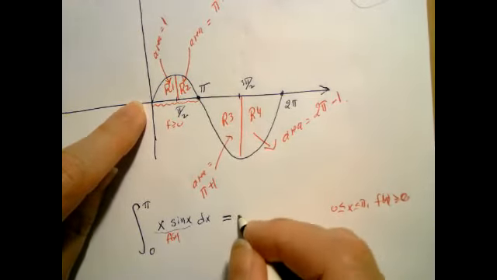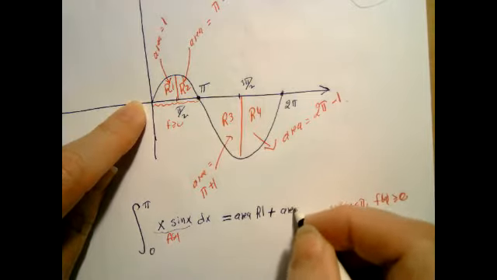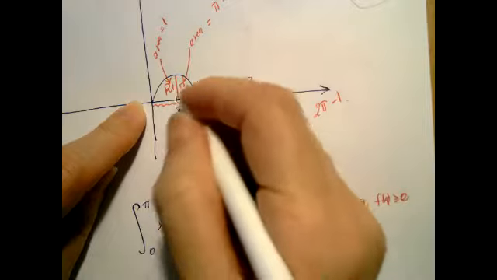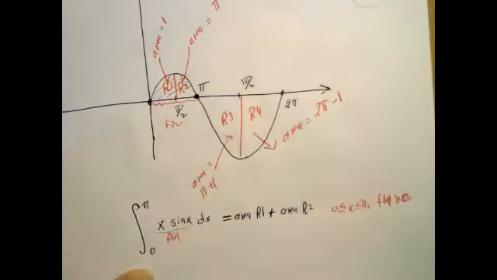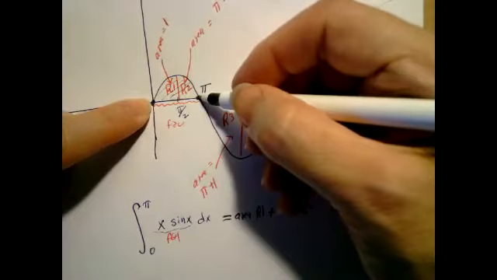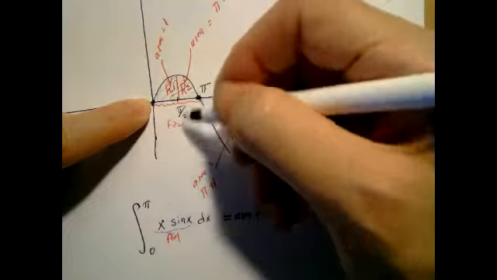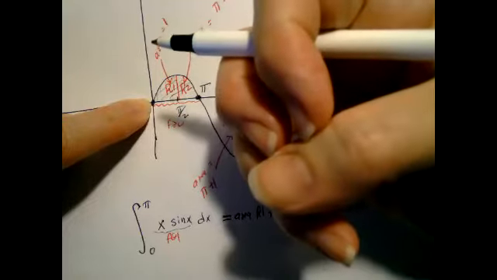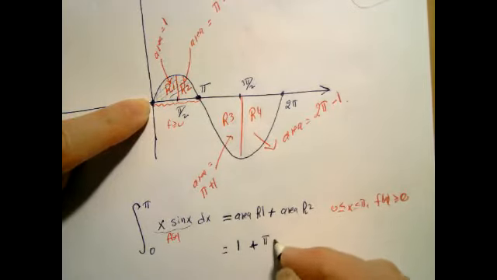So that represents the area of R1 plus, because it's positive, the area of R2. Because always remember, the definite integral is nothing more than you take 0 to pi, you split it into pieces, and you add the sum of the area of the rectangles. As you're adding more and more area, you get the whole area under the graph. So the area of R1 is 1 plus pi minus 1, which is going to give me pi.